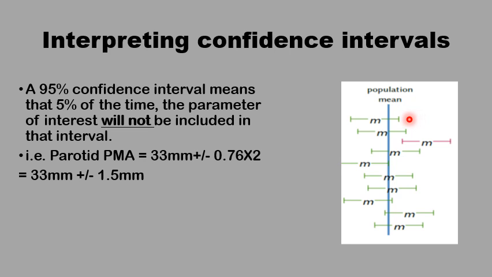And if this single series is repeated 20 times, then 19 times you will find that the mean of each of these samples would be within these limits, and only in 1 in every 20 different experiments or series the estimated mean would lie outside these confidence intervals. That's why the confidence intervals here are called 95% confidence intervals.